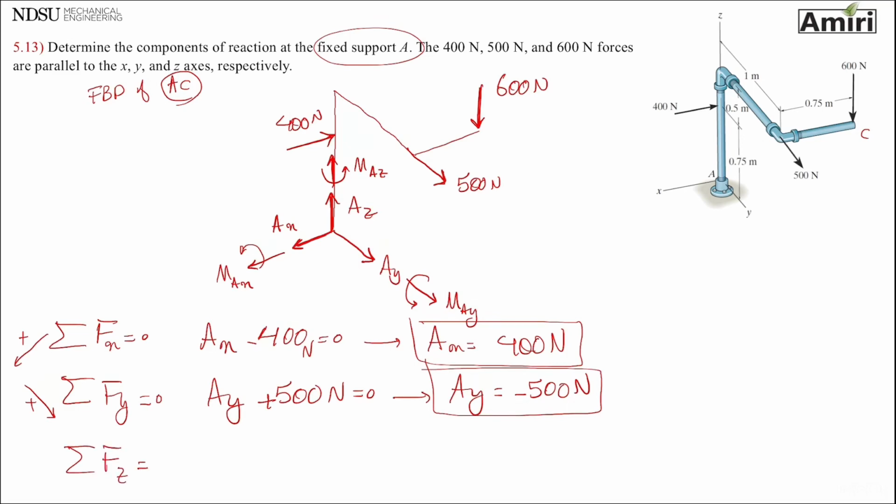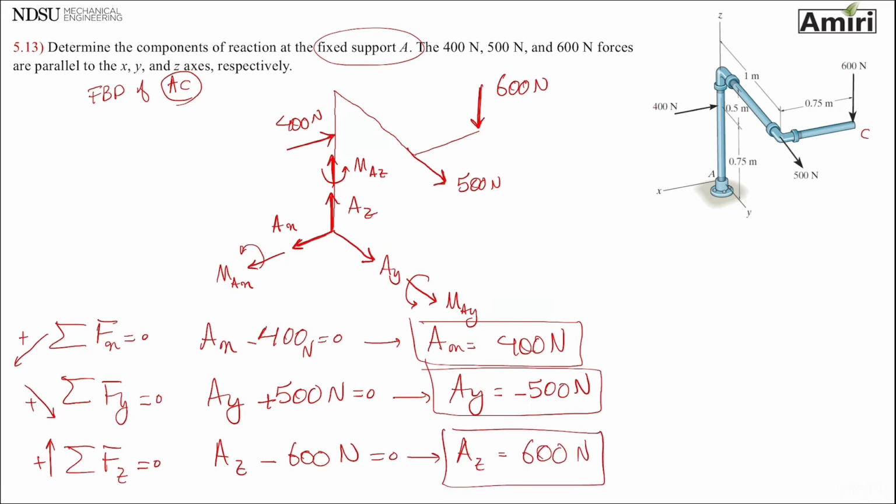But as I said multiple times, you do not need to go back and fix your free body diagram. And the last equation that I'm going to use is summation of forces in Z direction. Anything that points up is going to be positive, so therefore my A sub Z, and then I have a 600 Newton pointing down equals 0, so A sub Z equals 600 newtons. Okay, so let's look at the moment equation.